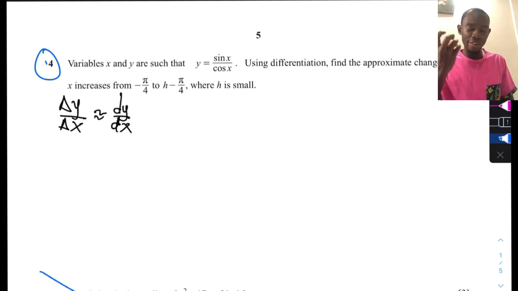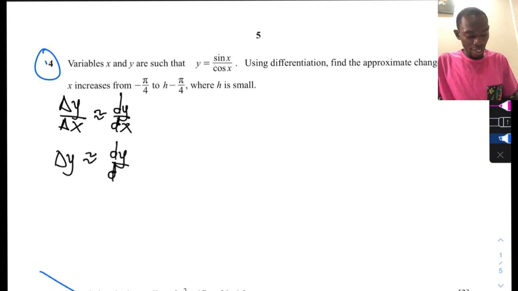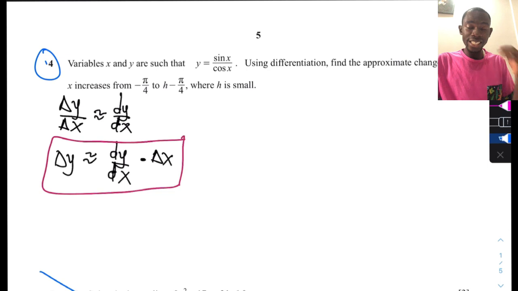That is very, very minute. So if they want you to find the change in y, then it means that the change in y is approximately dy dx times the change in x. This is the idea that you need to keep in mind. This is the basic concept that you are going to apply throughout.